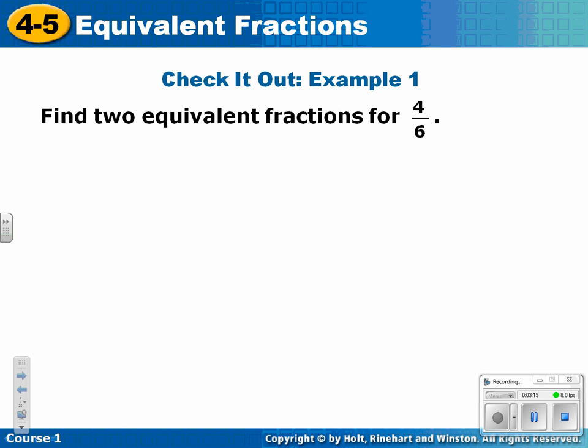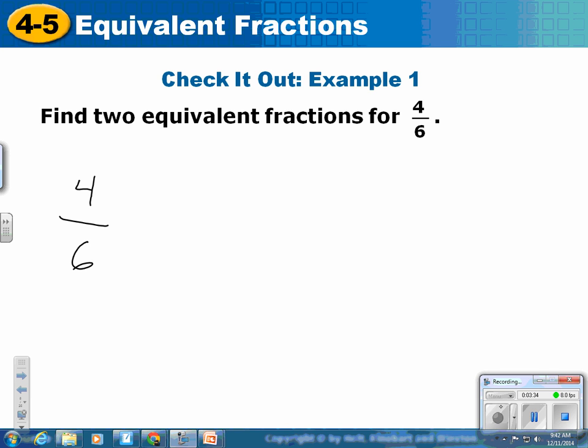You're going to be asked to find 2 equivalent fractions for certain numbers. Find 2 equivalent fractions for 4/6. Well, here's what we could do. We have a couple of choices. We can divide top and bottom by something, or we could multiply top and bottom by something.